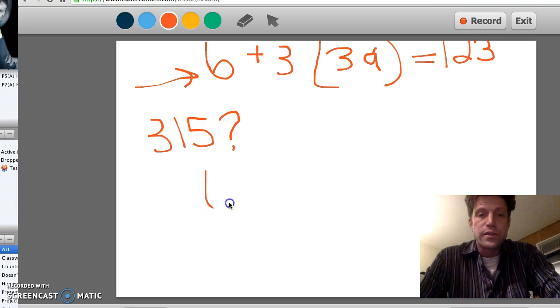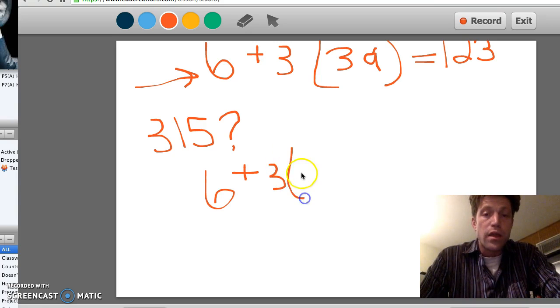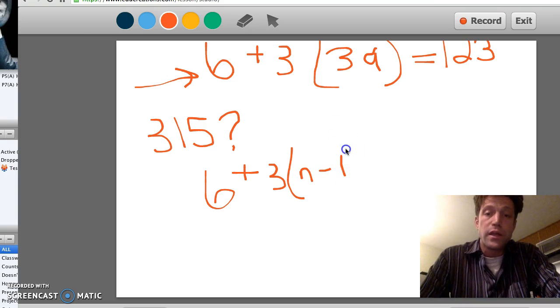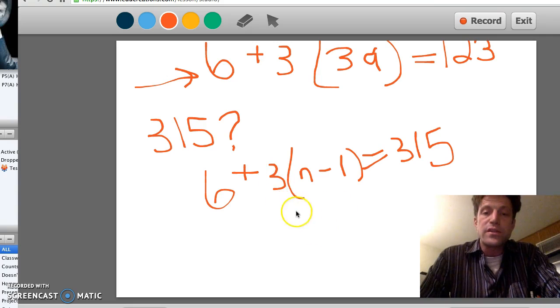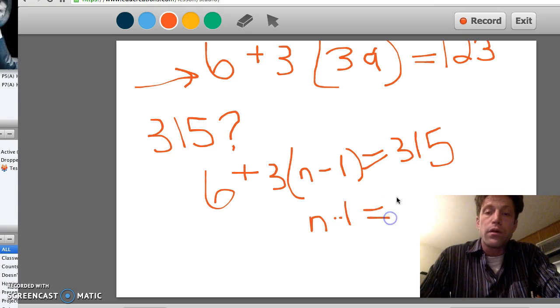So you go 6 plus 3 times n minus 1, and we're trying to find n now. Which term is it? Equals 315. Subtract the 6 from both sides, you get 309. Divide the 3 on both sides, you get 103. N minus 1 is 103. So 315 will be the 104th term.